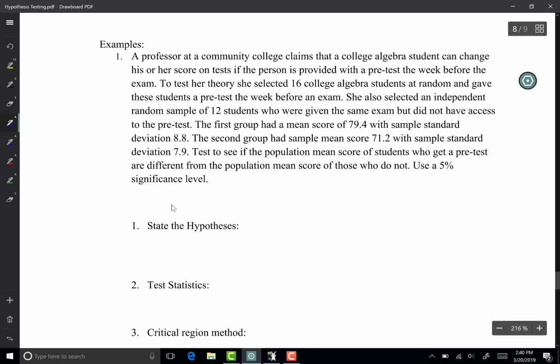All right, so let's write down the information we know here. The students that had the pretests, that's going to be my first sample, and we had 16 students. They had a mean score, so that's x bar 1 of 79.4 with a sample standard deviation, so that's S1, not sigma, of 8.8.